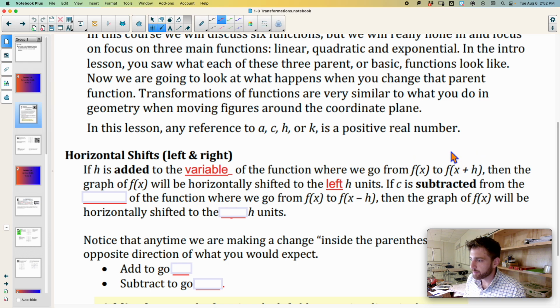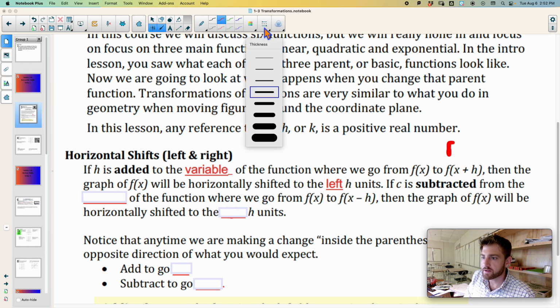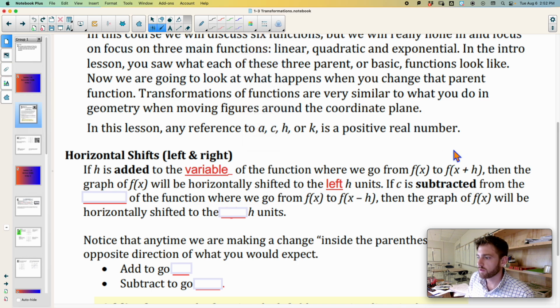What's actually happening here is we have our parent function x minus a negative value of h, and this double negative becomes a positive.